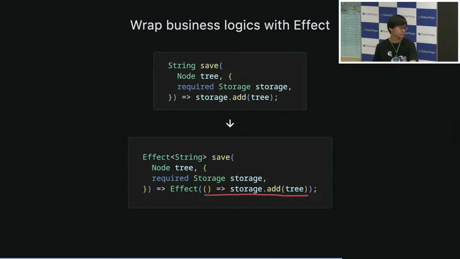It's just an object which preserves the operation causing I/O. The save method just returns the effect object as an output. So now the save method is pure and declarative, with the single expression of making the effect object.